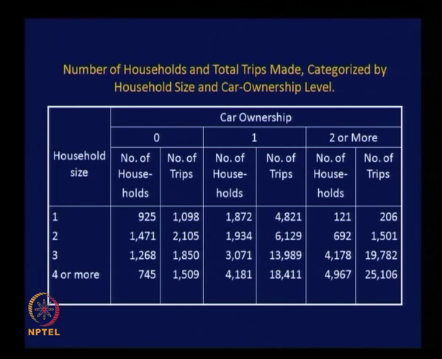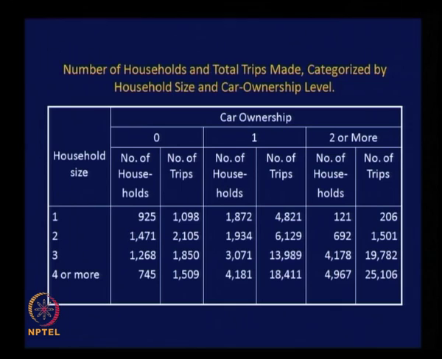Let us say this is the information pertaining to a traffic zone. Number of households and total trips made category wise by household size and car ownership level. Household sizes considered here are 1, 2, 3, 4 or more, just an example.